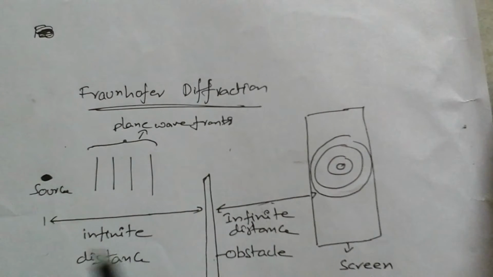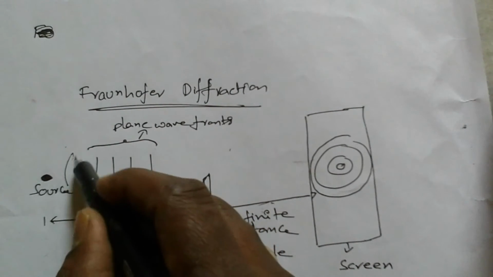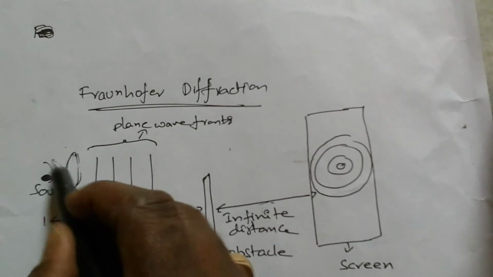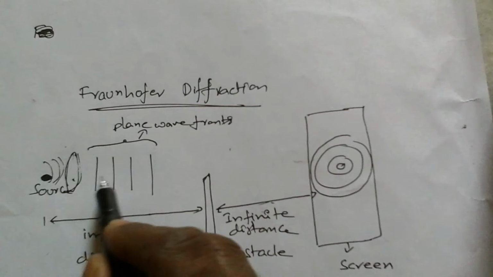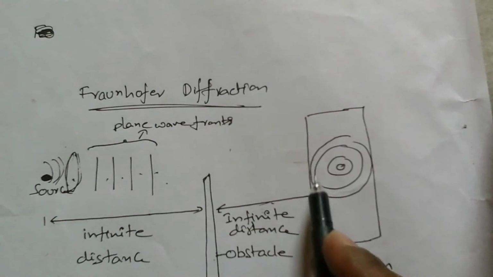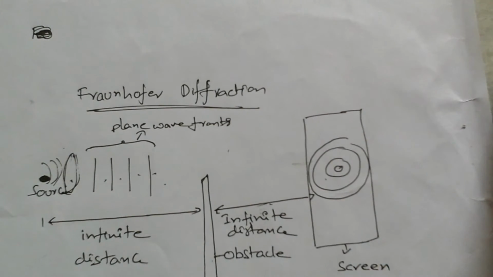That means if the source is not at infinity distance, then we keep a converging lens here. The spherical wavefronts fall on the lens and become parallel wavefronts that fall on the obstacle. Then we get the diffraction pattern on the screen.